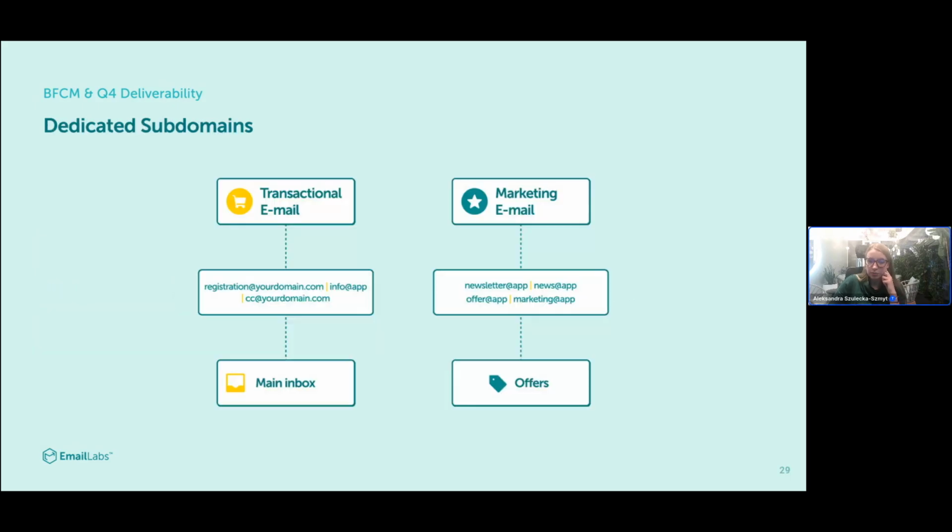One of the nice ways to differentiate a reputation within the organization is dedicated subdomains. For example, you have your main domain that you use for internal communication or transactional emails, invoices, order confirmations, password resets, registration, and so on.